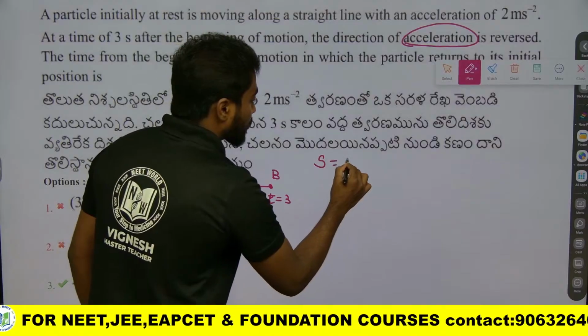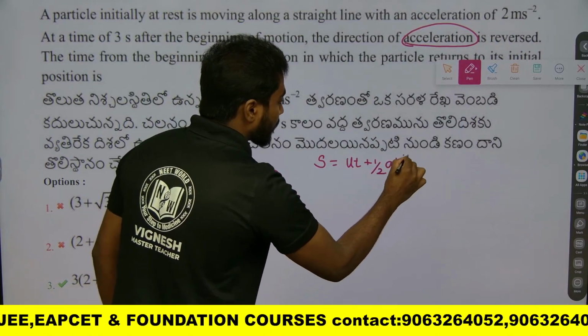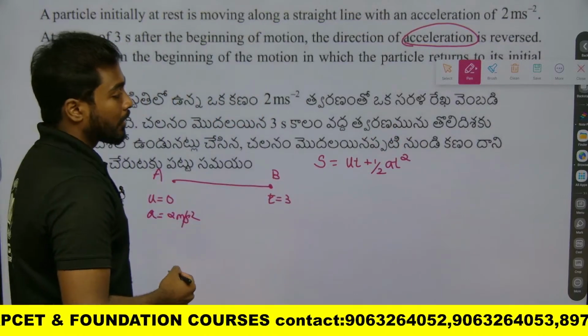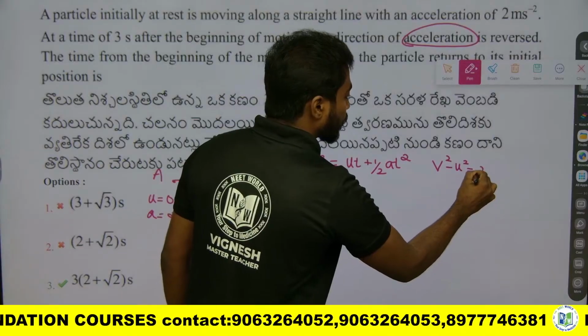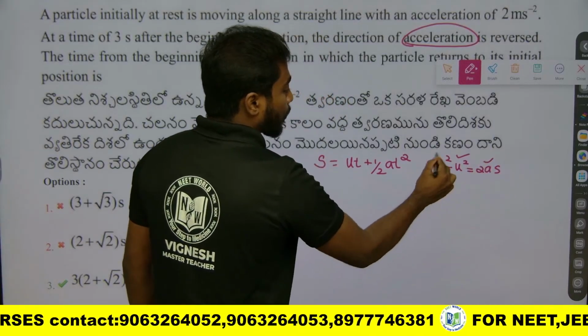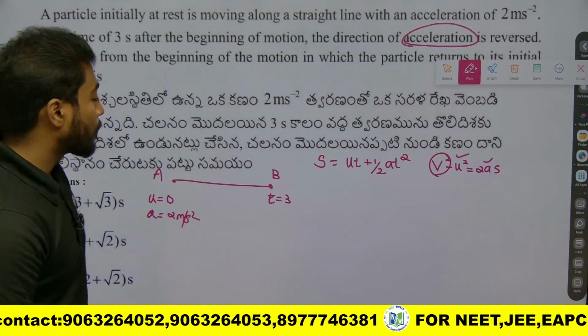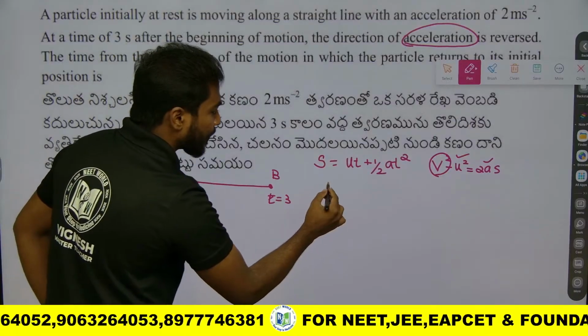equation s is equal to ut plus half at square, or else if I take the equation v square minus u square equals 2as, I know a and I know u, but I don't know v. So I can use the first equation to find s.